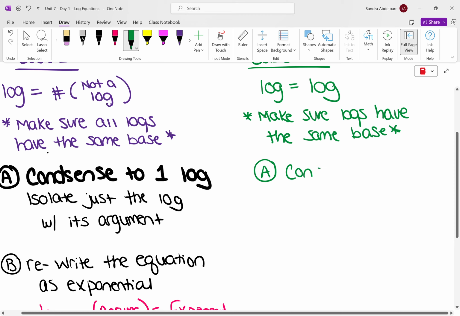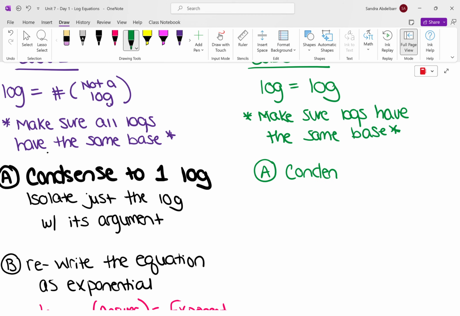We are going to condense left and right side to one log.